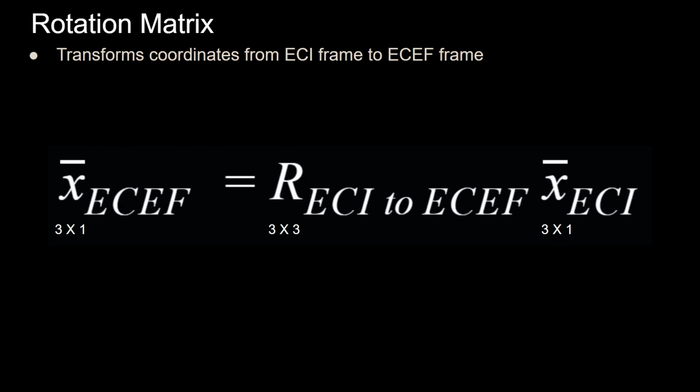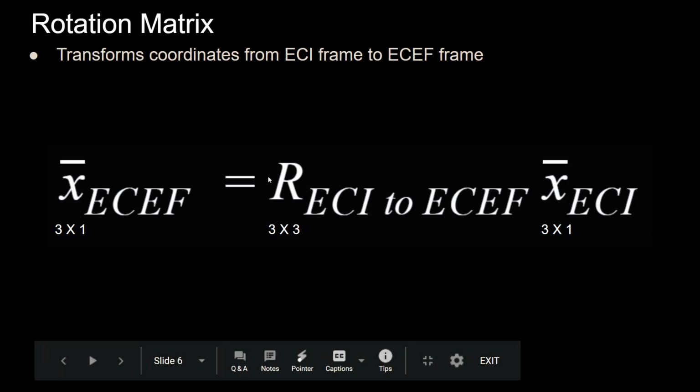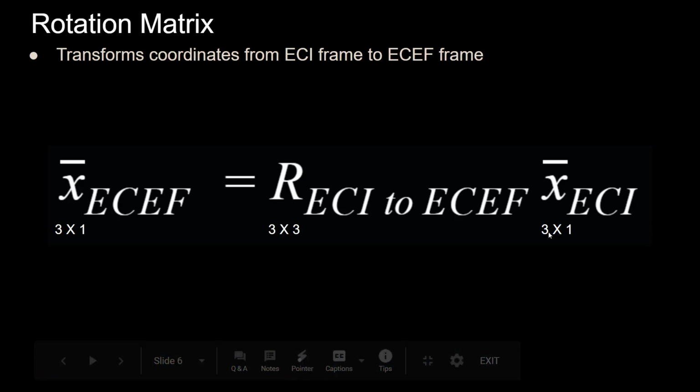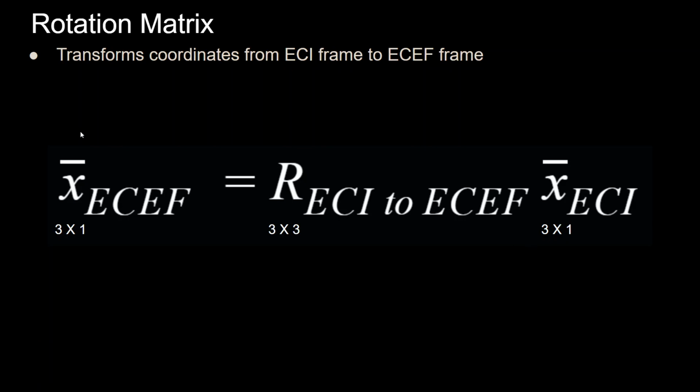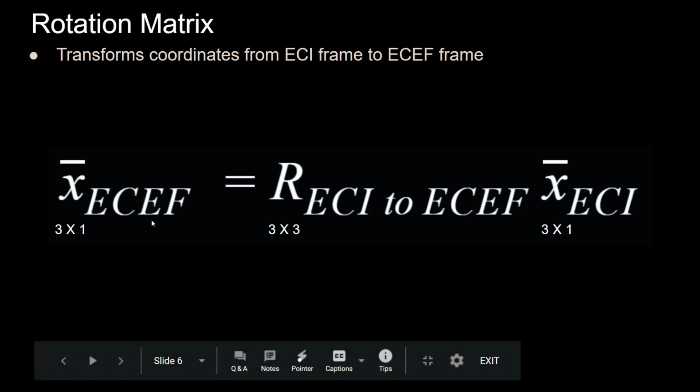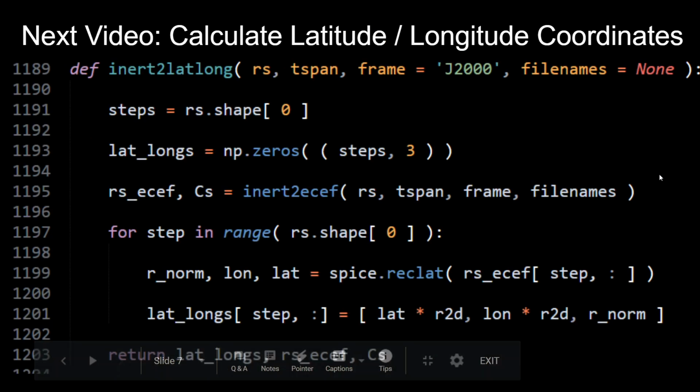That's a whole study of its own, but I'll put a link in the description of some good sources because there are a lot of really good ones out there. So basically, you get this rotation matrix from SPICE. This X ECI position vector, you already have from propagating your orbit in the inertial frame. So this is how you calculate your vector in the Earth-centered Earth-fixed frame. And again, I'll go deeper into this in the next video.